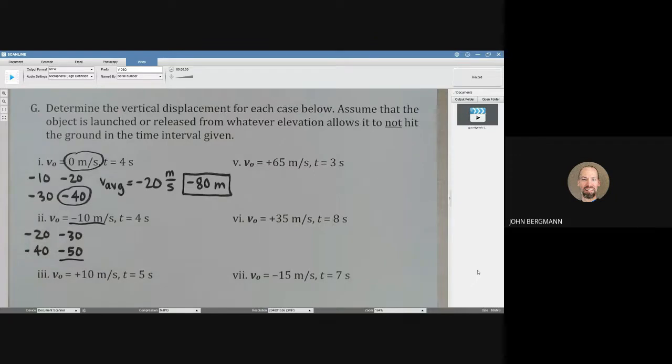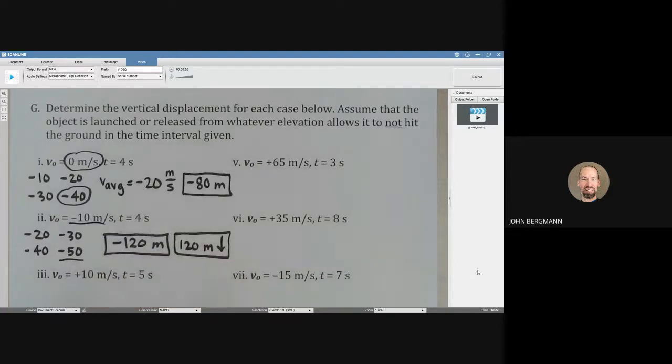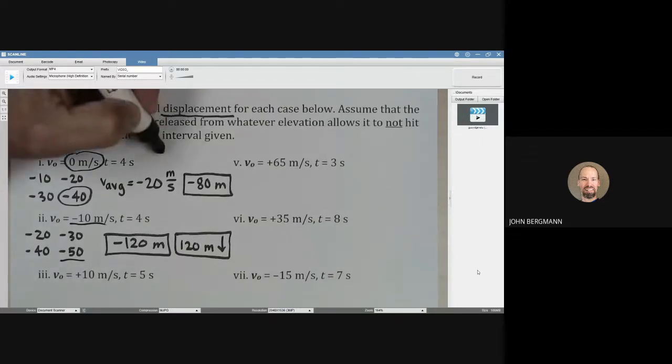I'm thinking the average is negative 30 times 4 seconds, 120. All right, or if you want to say 120 meters downward. It does say in the problem here at the top of the screen, find the displacement. So we should either put a plus or minus sign, or we should signify the direction. And to be consistent, I'm going to say that downward is negative.